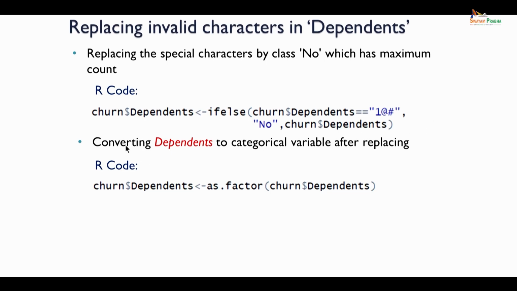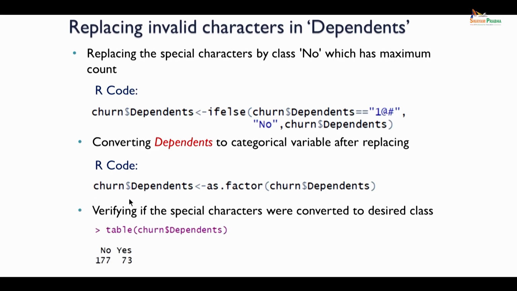We are going to convert dependents to a categorical variable after replacing. To convert them to a categorical variable, we can use the function called as.factor. Inside the parenthesis, specify your data frame followed by the variable dependents. By using this command, our column dependents has been converted to a categorical variable.